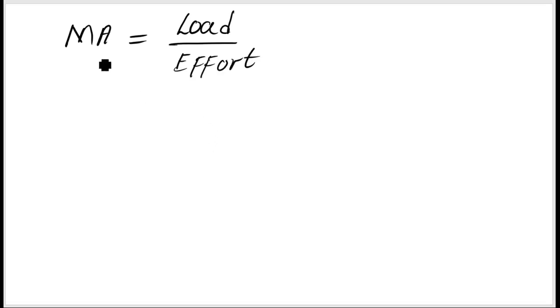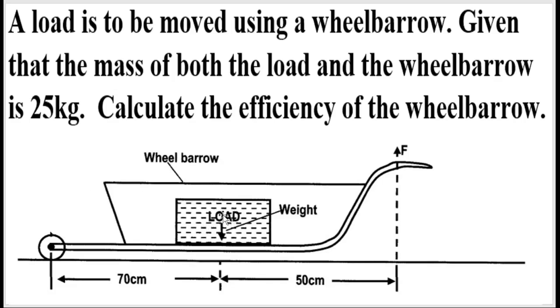So for us to calculate mechanical advantage, we are going to use the formula for load over effort, where the load is the mass of both the wheelbarrow and what we are lifting, the load, multiplied by 10 newtons per kg, because that's the gravitational field strength.